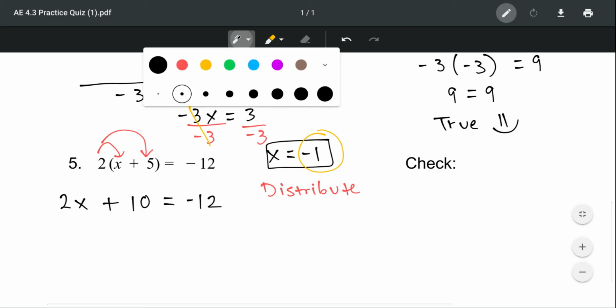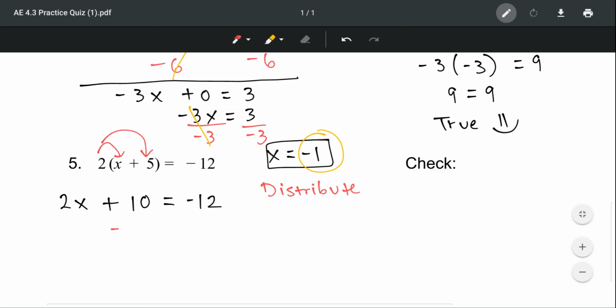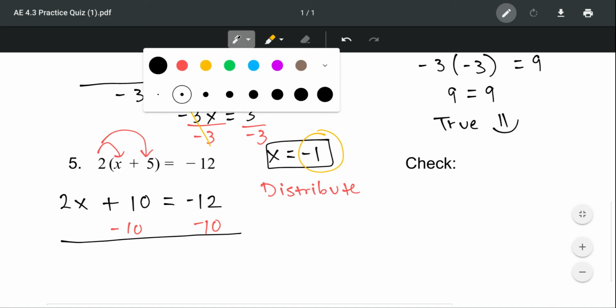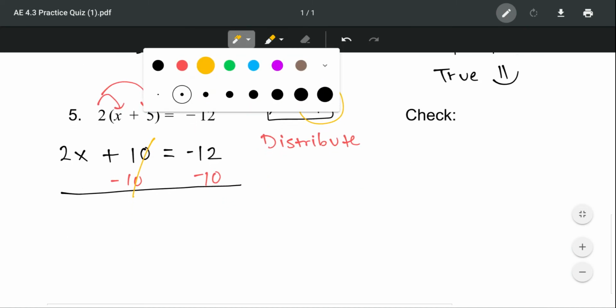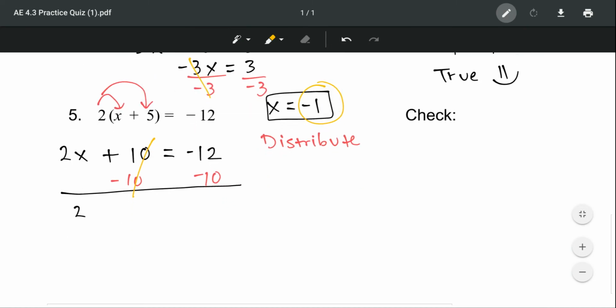To get rid of 10, add negative 10 to both sides. So 10 and negative 10 will zero out. And you're going to be left with 2x plus 0 equals negative 12 plus negative 10 is negative 22.